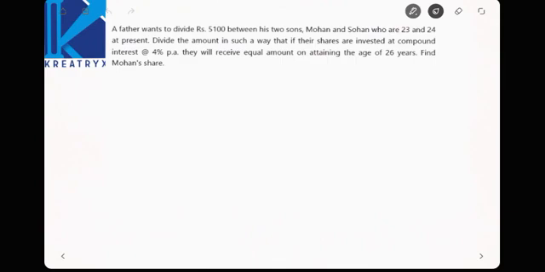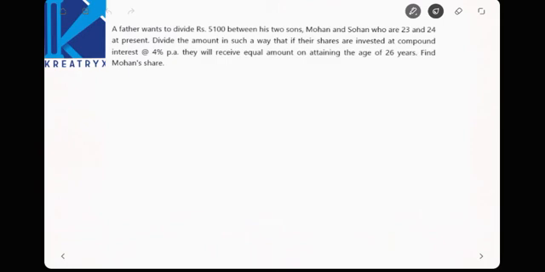Next, a father wants to divide rupees 5100 between his 2 sons Mohan and Sohan, who are 23 and 24 at present. Divide the amount in such a way that if their shares are invested at compound interest at 4% per annum, they will receive equal amount on attaining the age of 26 years.